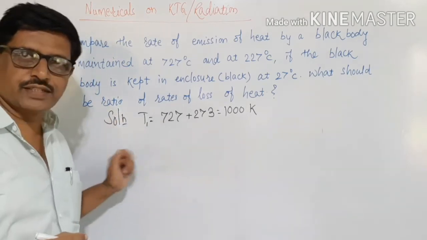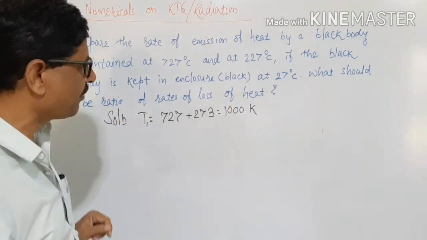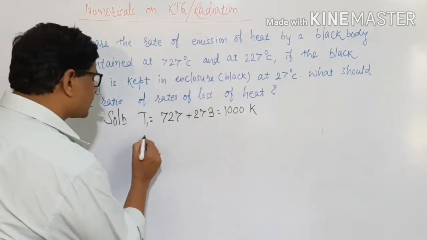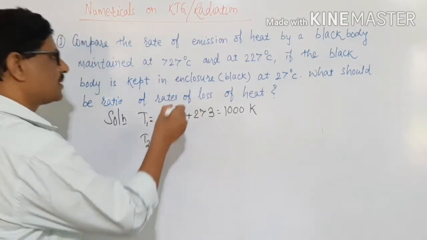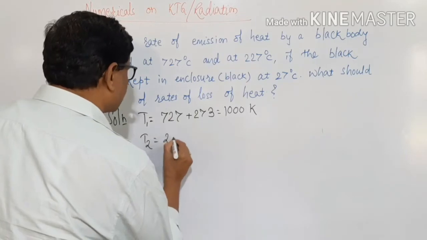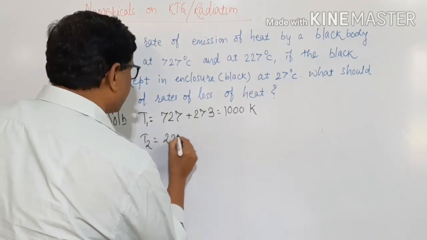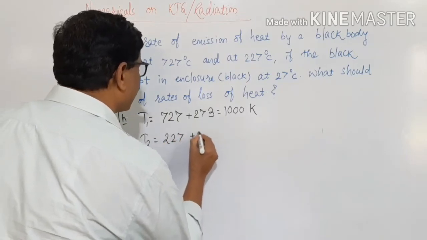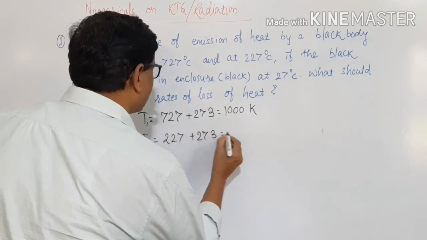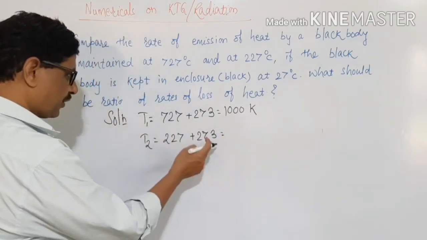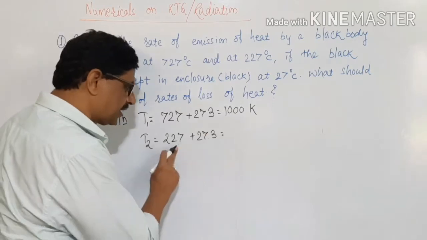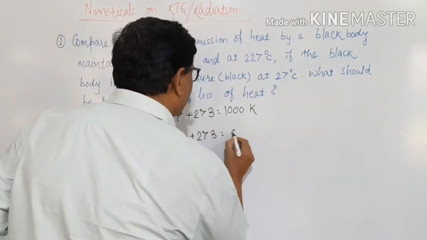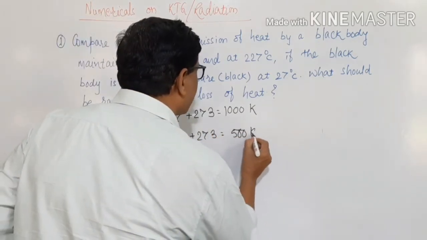The black body is initially at a temperature of 1000 Kelvin, and thereafter the same black body is at a temperature of 227 degrees centigrade, and to convert it into Kelvin it should be equal to 227 plus 273, 300 plus 200, it should be equal to 500 Kelvin.